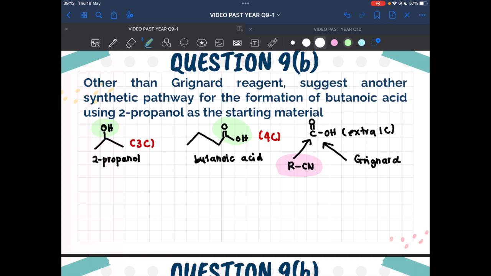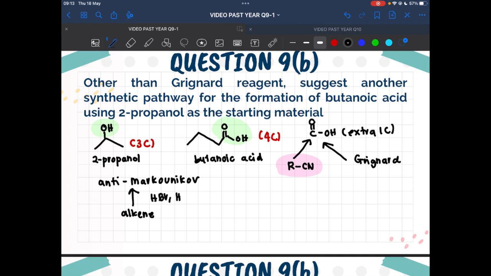Okay, satu cara kita nak ubah position of functional group kepada carbon yang less stable adalah by using anti-Markovnikov. Dan anti-Markovnikov itu mesti datang daripada alkene. Dan the only reagent yang boleh guna untuk anti-Markovnikov adalah HBr in hydrogen peroxide.